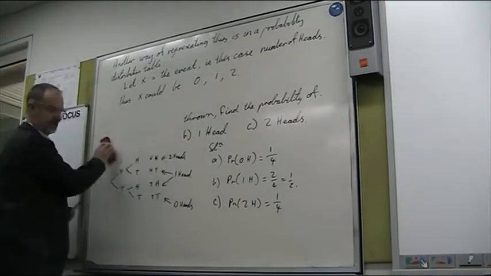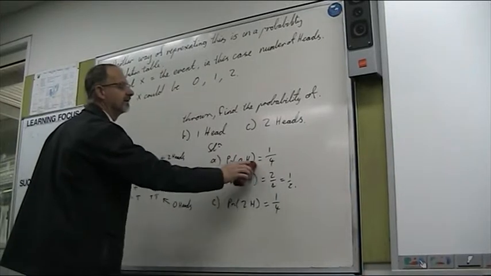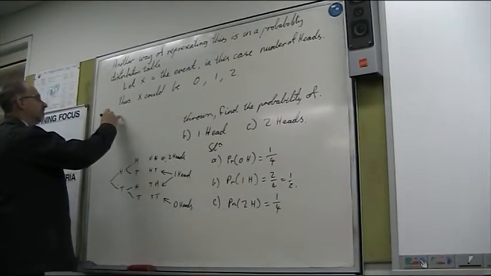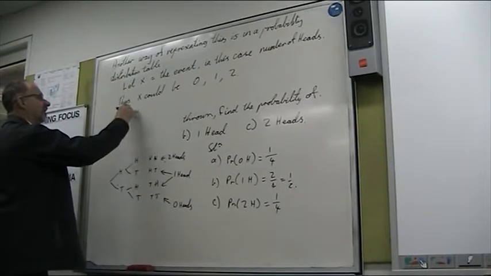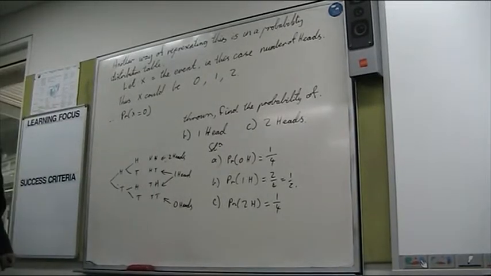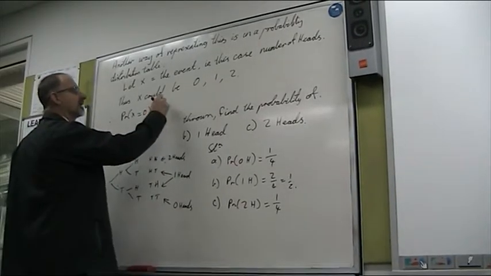And so rather than writing this like that, we would write the probability that x equals 0, where x is getting a head, and we'd say that's 1/4.